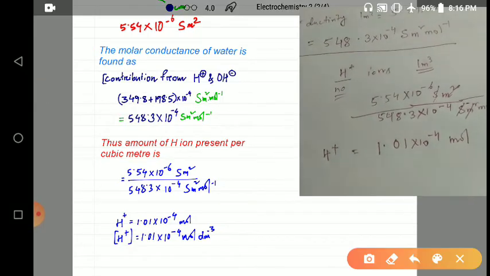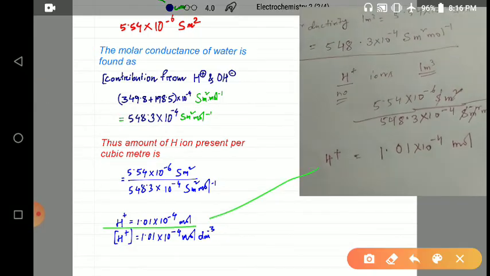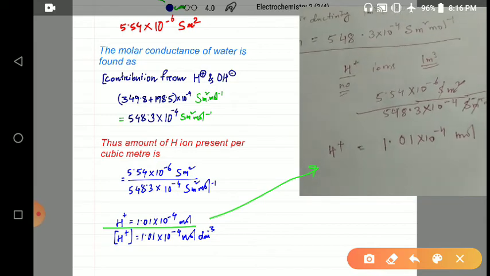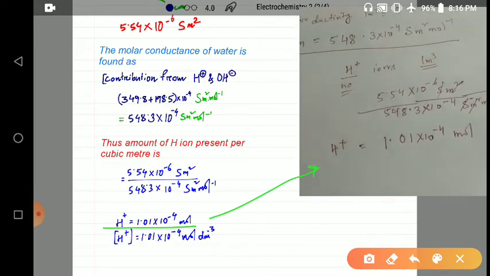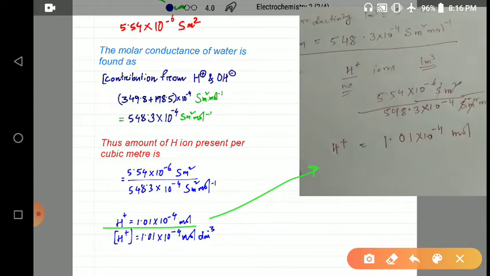So this is the number of H positive ions present in 1 meter cube.